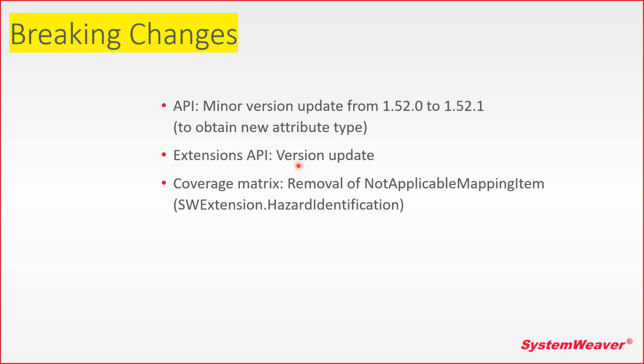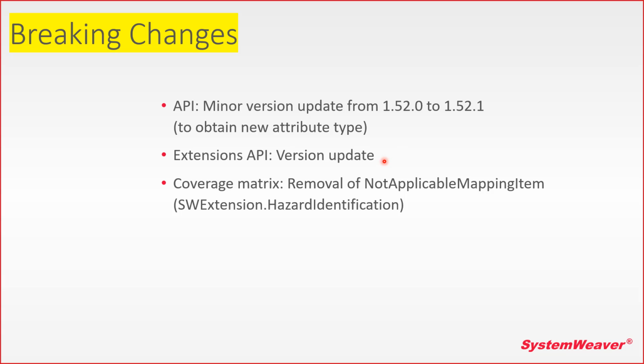So just to review quickly the breaking changes in R37, we've got that minor version update, which typically isn't a breaking change, but if you're going to want to implement the digital signature, this new signature attribute type, you will have to recompile your API applications and update your REST API.